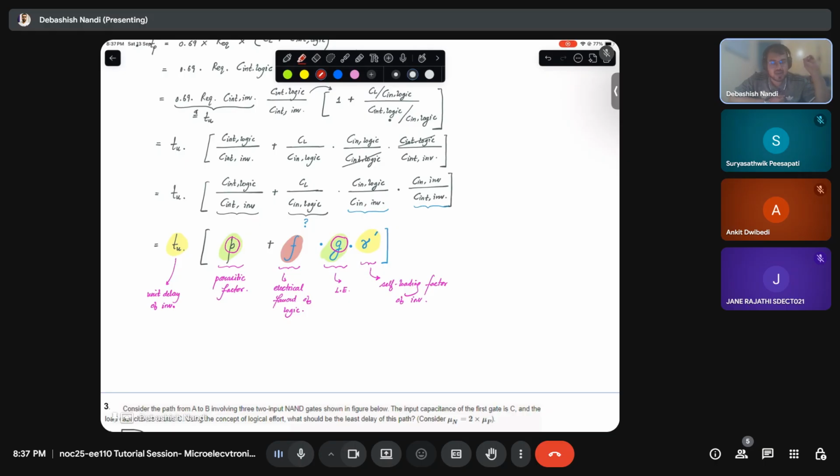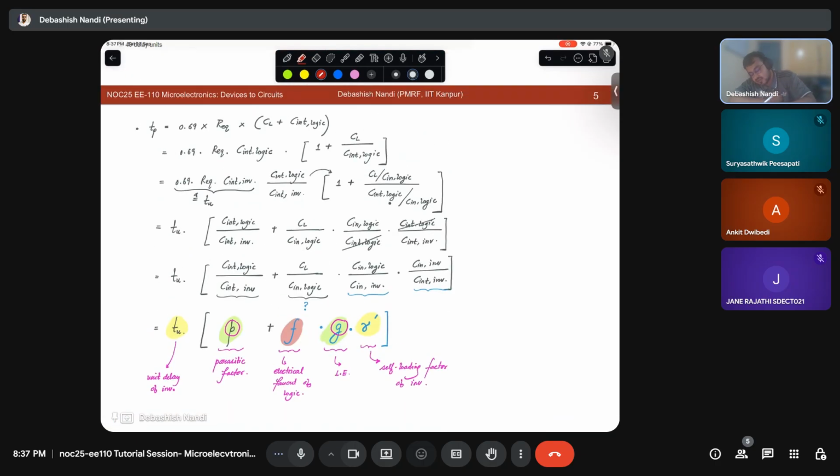So the entire purpose is to do this. Otherwise, you needed to calculate this entire thing, right? For example, R equivalent, you need to calculate for the entire series stuff and this and that. Similarly, your C internal logic, you need to calculate.